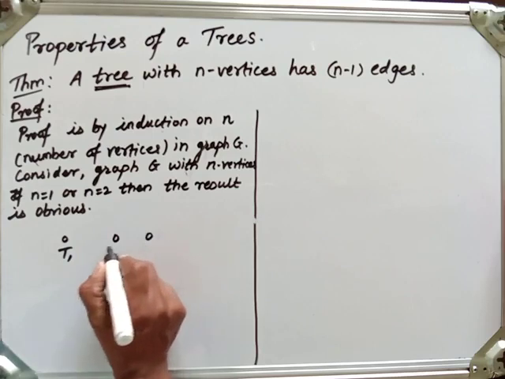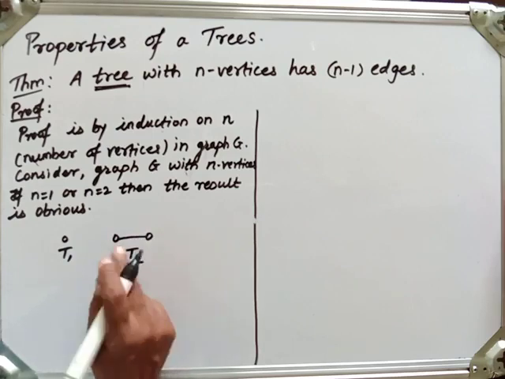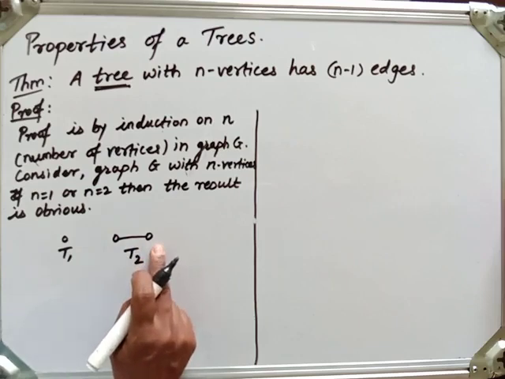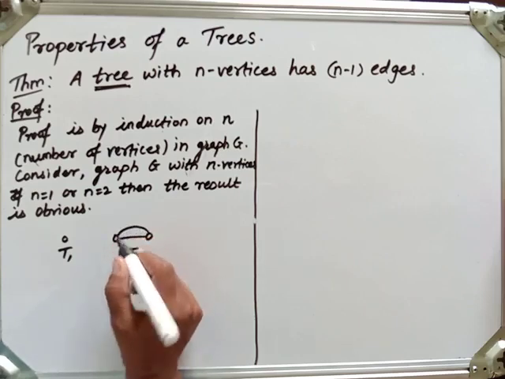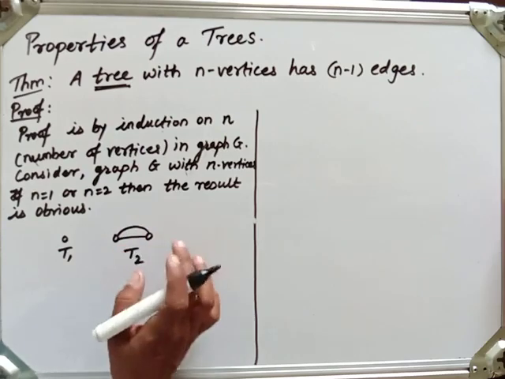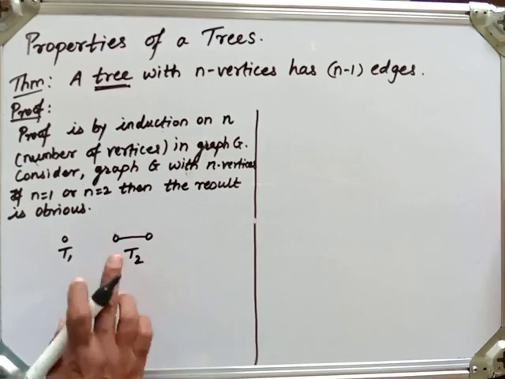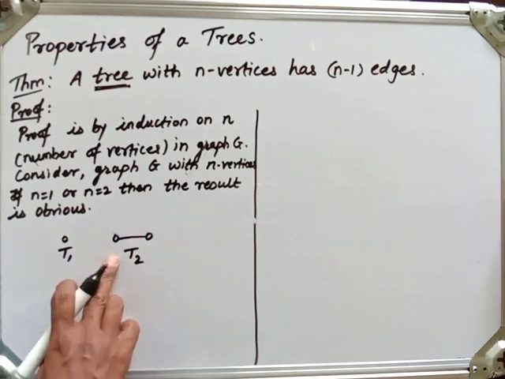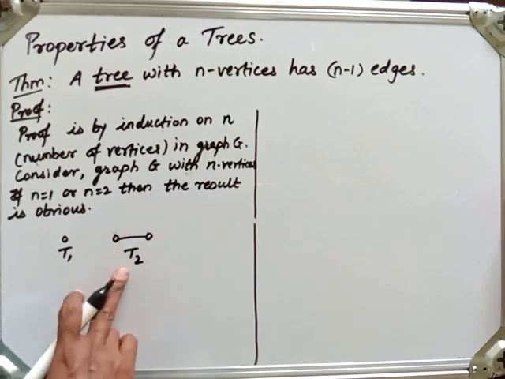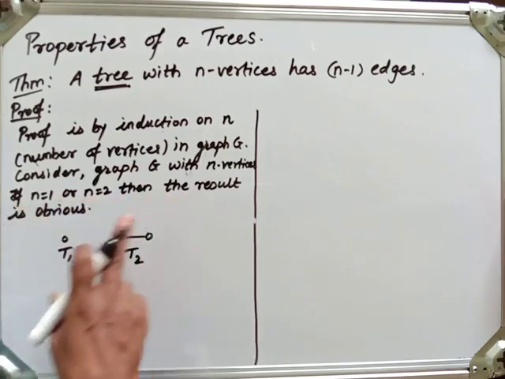Also, if n equal to 2, meaning the number of vertices is 2, then there is only one edge. If there are 2 edges, then it will become a circuit, but our graph is circuitless. So this is possible only with one edge if there are 2 vertices. That's why, if n equal to 1 or n equal to 2, the result is obvious.